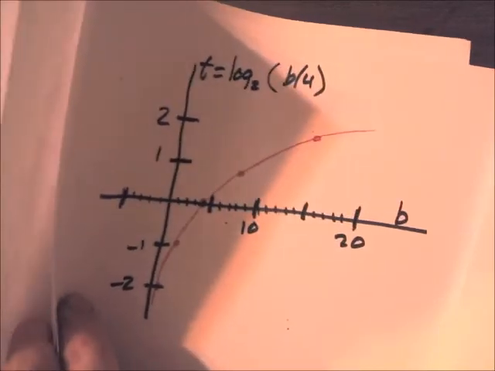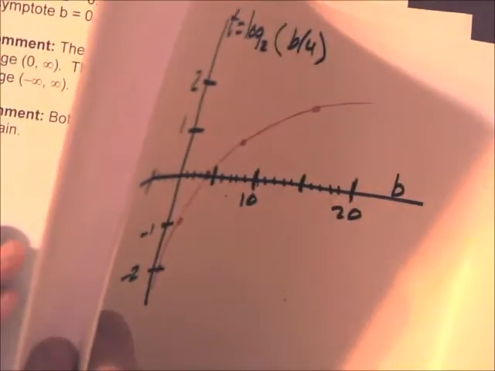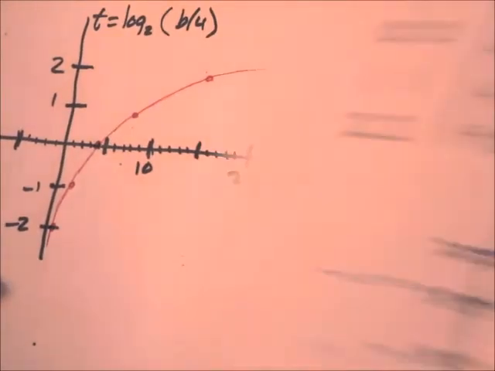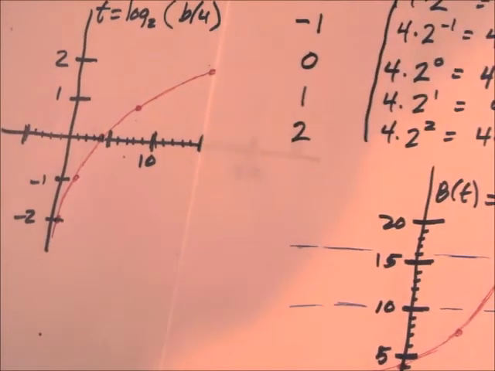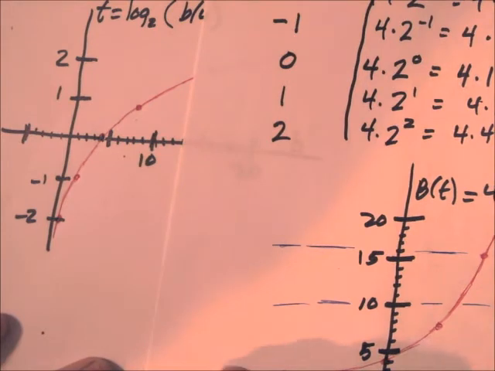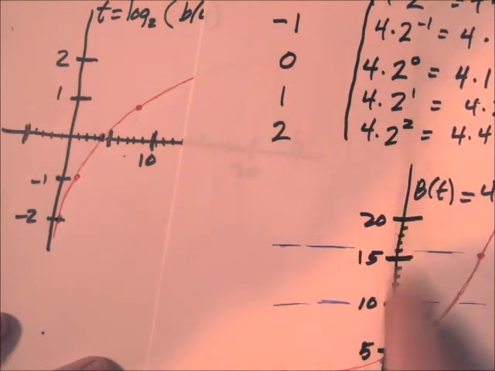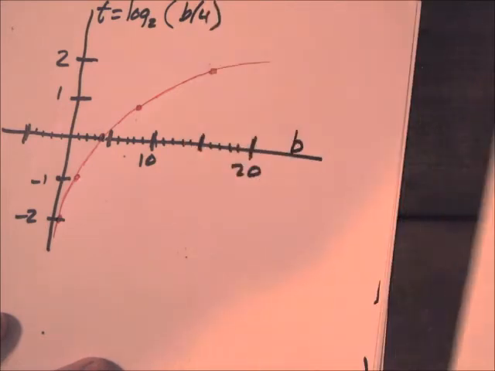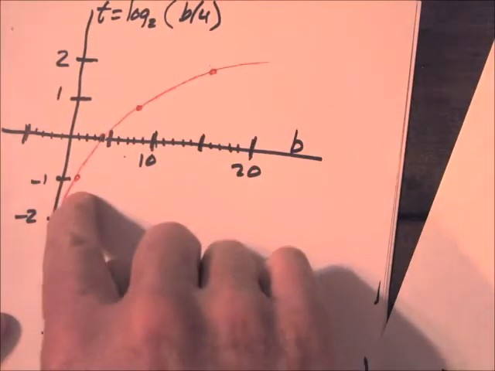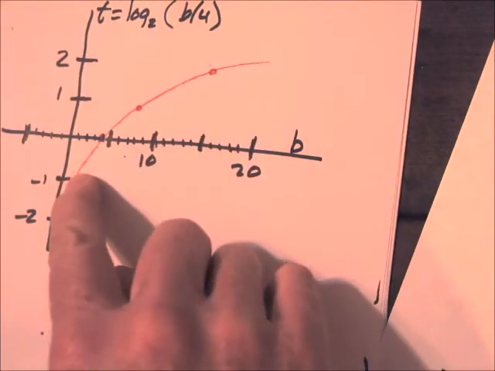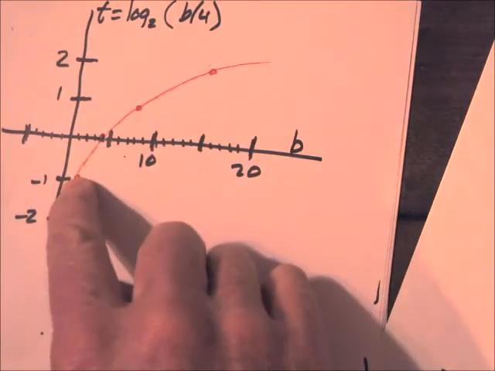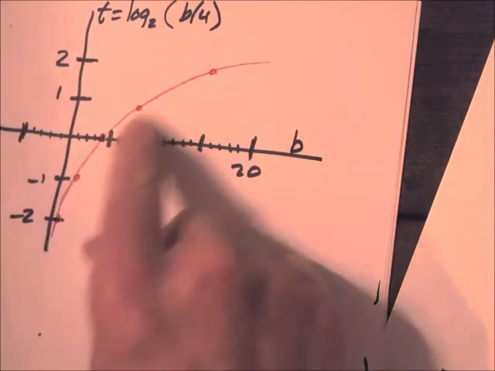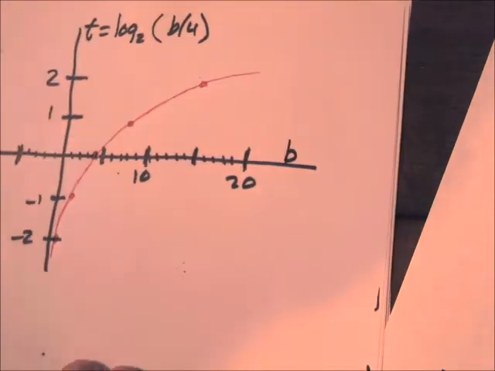The domain and the range switch. It's another thing to notice. The domain for the original function was all real numbers, and the range was only the positive numbers, and that switched for the inverse function. Now, for the inverse function, the domain is the positive numbers, and the range is all real numbers.